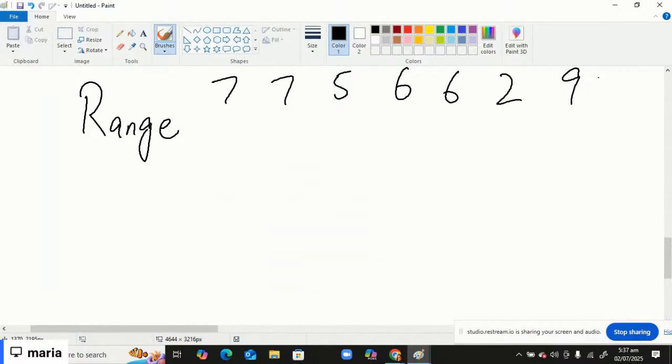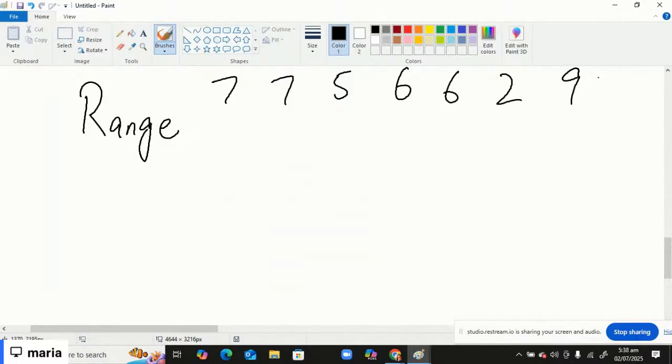So for range, we are not checking the greater number, smaller number. We are not checking the middle one. We are not checking how many times a number is repeated. We are not adding anything.